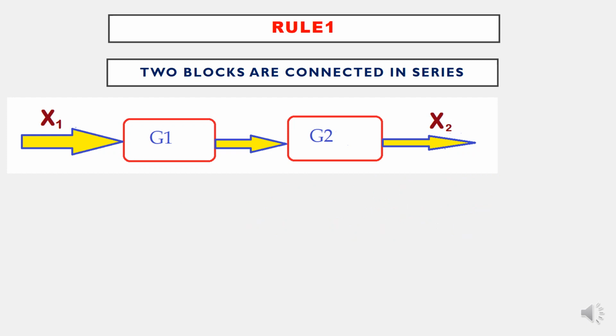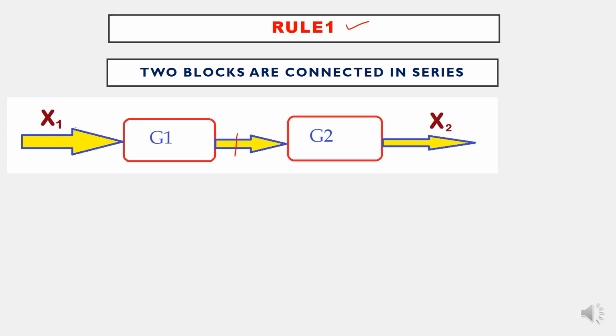Next, rules in block diagram reduction. Rule number 1: two blocks are connected in series. One of the blocks is G1, the next block G2. The input signal is X1, the output signal X2.